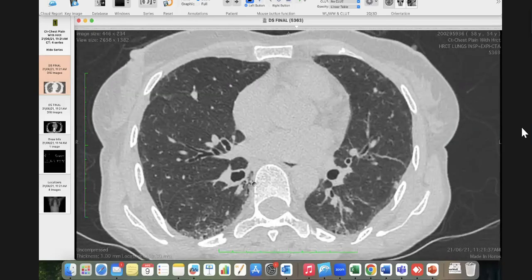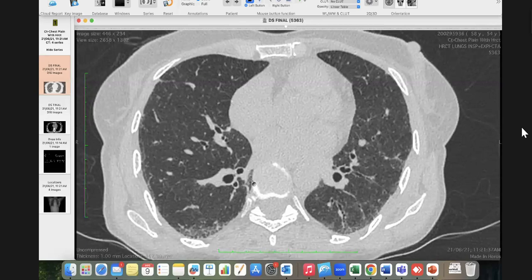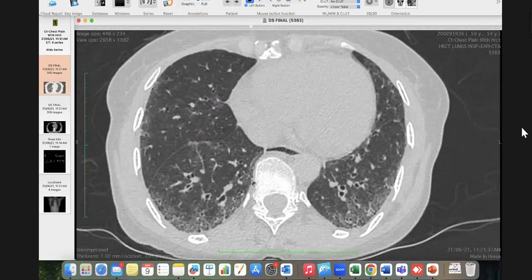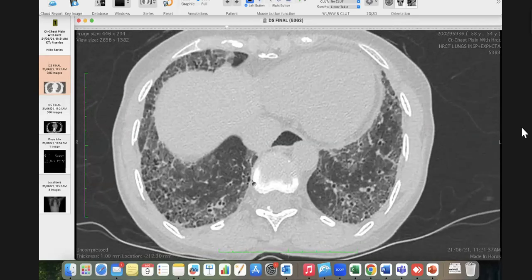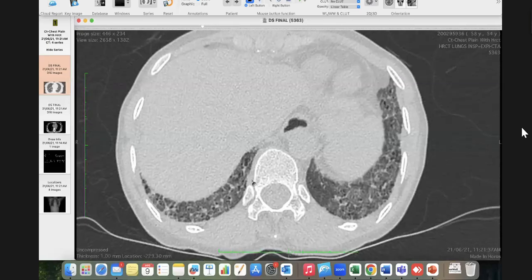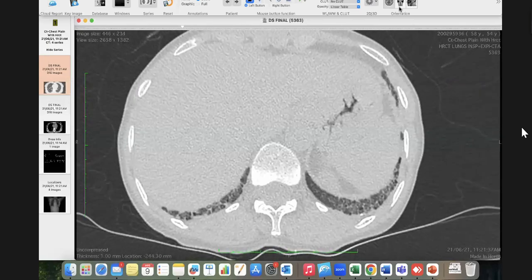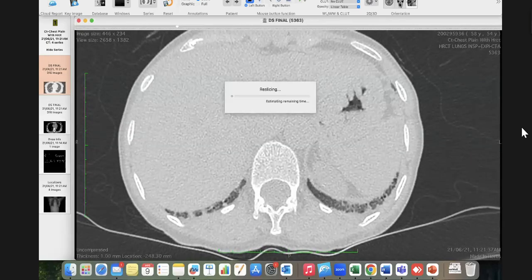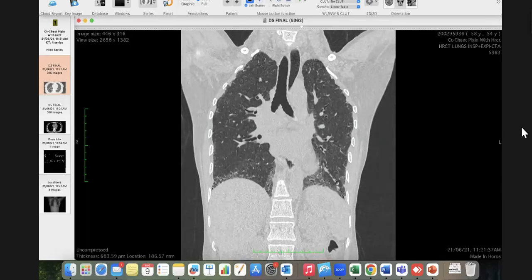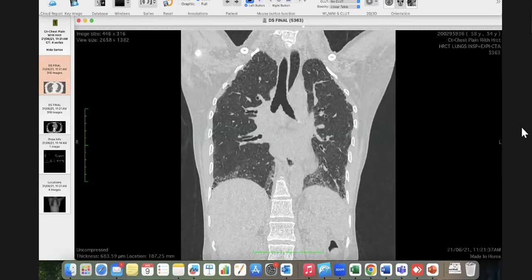Going down, the findings are increasing, and then there is honeycombing. And if I were to show you the coronal, somebody has already noticed probably that the esophagus is as dilated as a trachea.